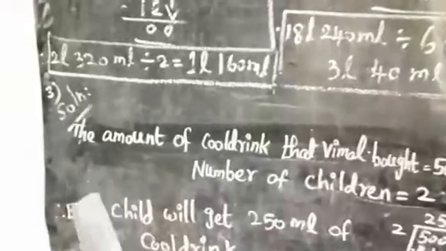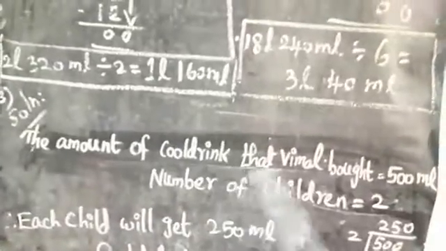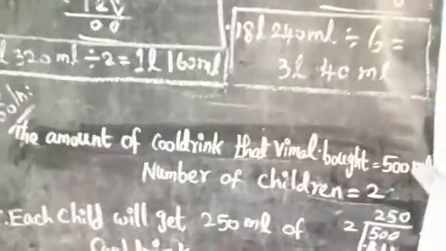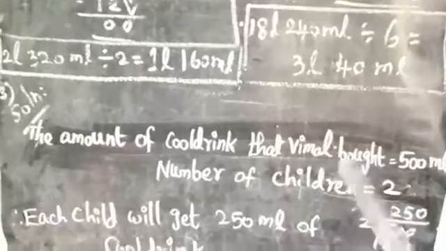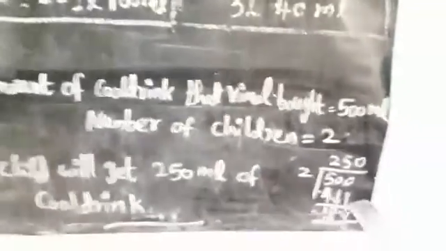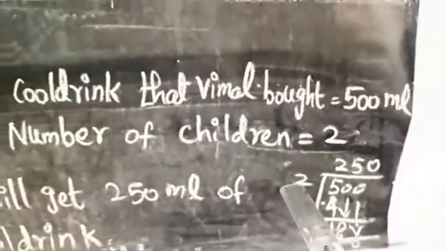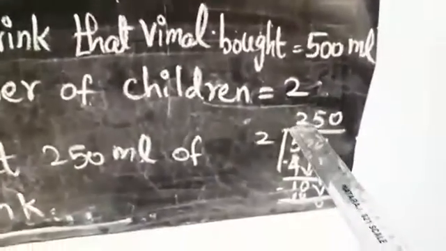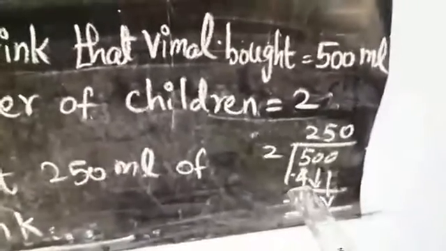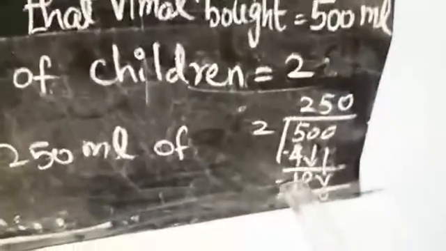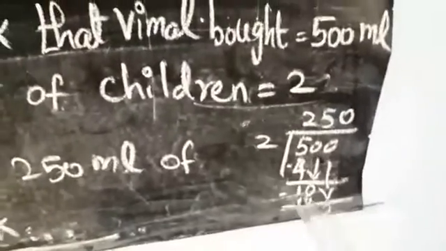Okay. Solutions. The amount of cool drinks that Vimal bought is 500 milliliter. Number of children, how many children? Yes, 2 children. Now we can divide 500 milliliter divided by 2. So 2 2s are 4. Now 5 minus 4, we get 1. Now bring down the 0.